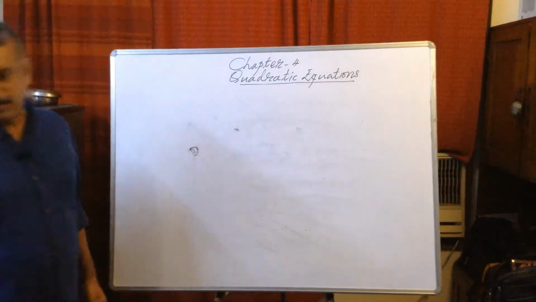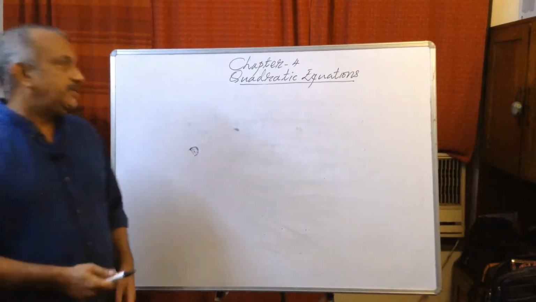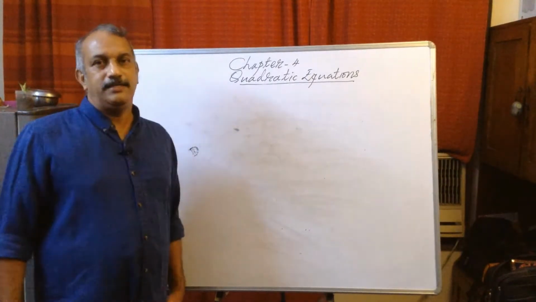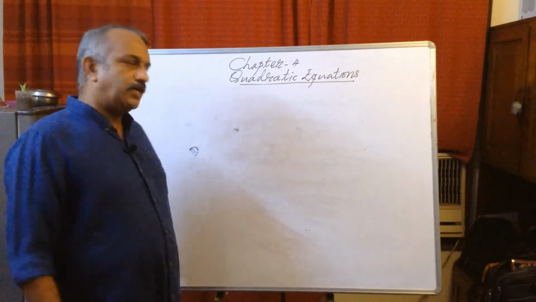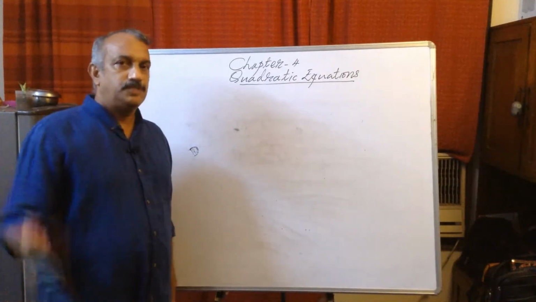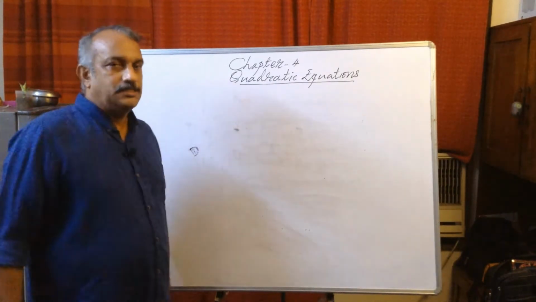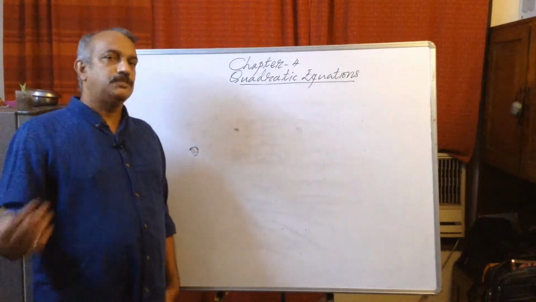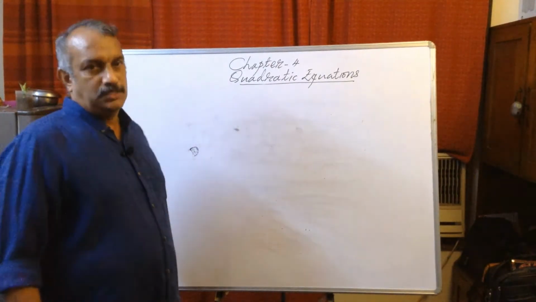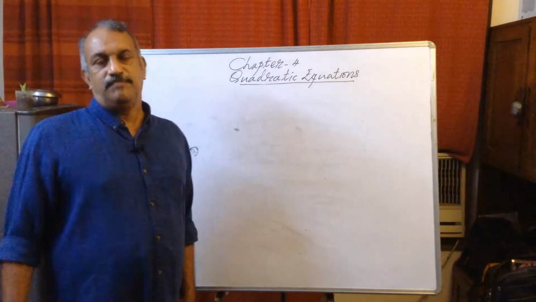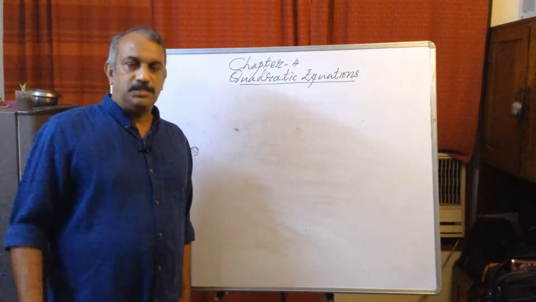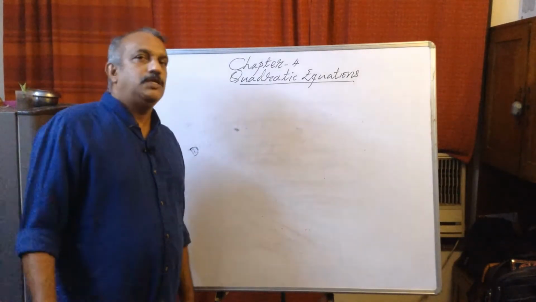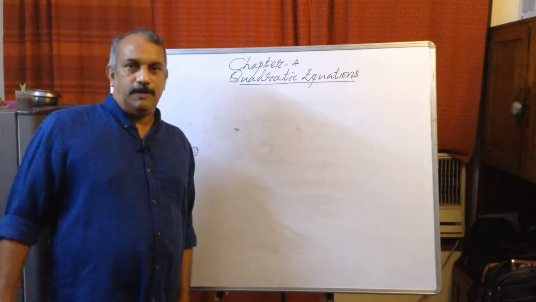Then, for finding the zeros, there are three methods to find the roots of a quadratic equation. First one is by factorization, which you have already learned in the second chapter. Second one is by completing the squares, which is not in the course now because last year that topic was cut from the syllabus. This year also not, 99% it won't be there. Then third one is by using the quadratic formula.